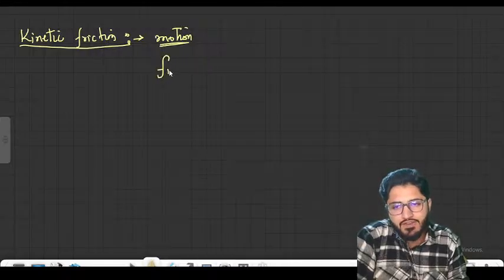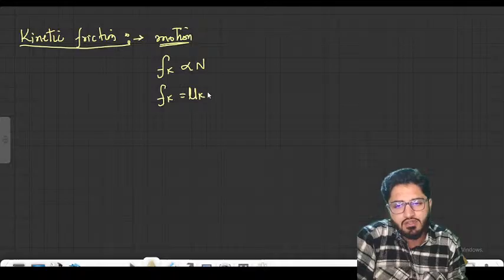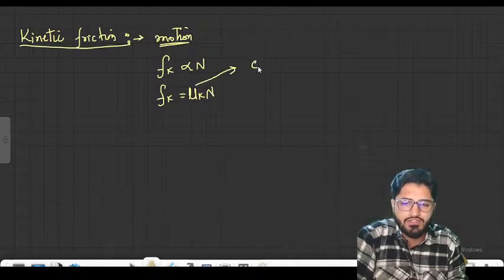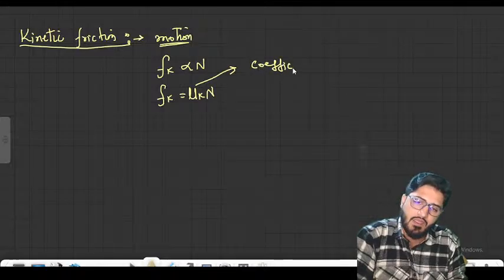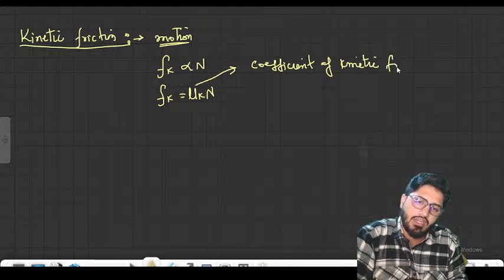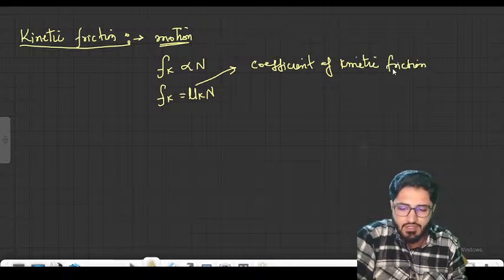And my kinetic friction is proportional to N. My kinetic friction is equal to mu k times N, and mu k means coefficient of kinetic friction. Done?